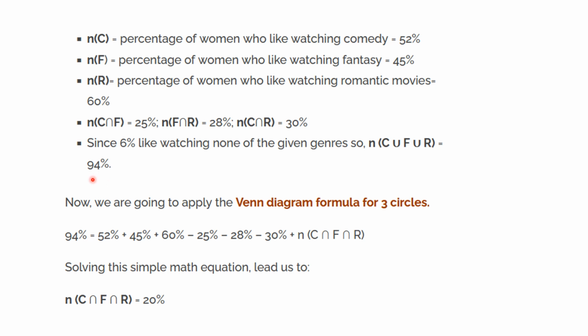So we're going to use that Venn diagram formula that we just had. Excuse me, I said this wrong. This is 94% is equal to 52% plus 45% plus 60%. We add it all together, but then we subtract off the pairwise intersections.